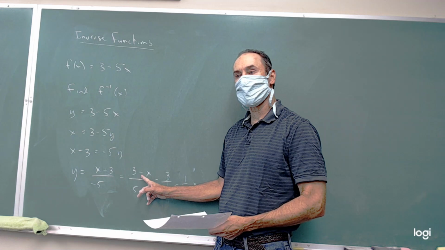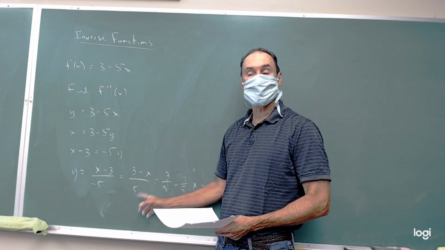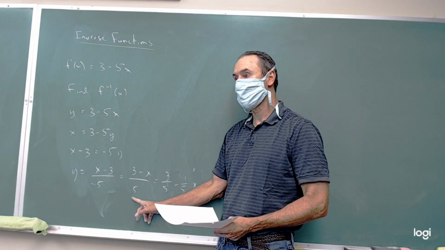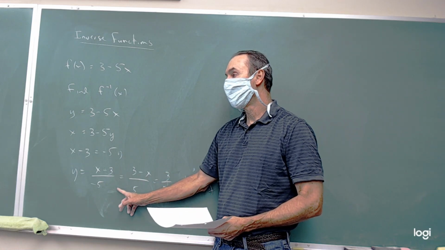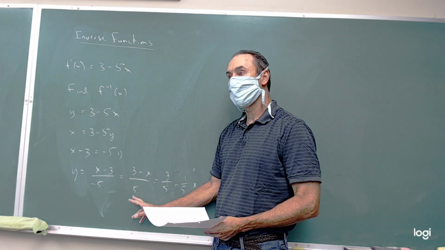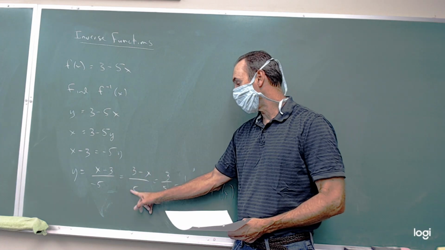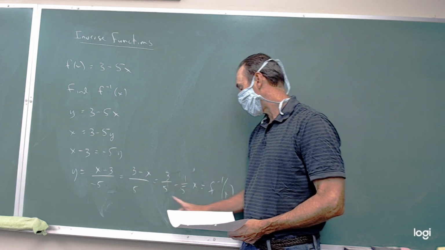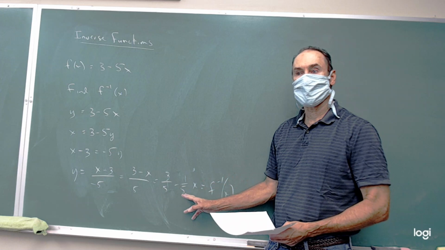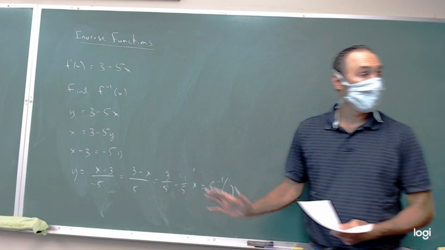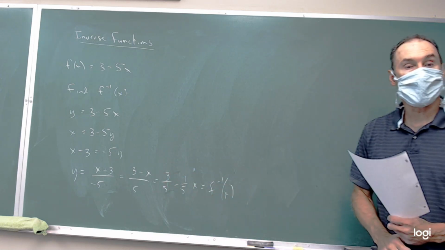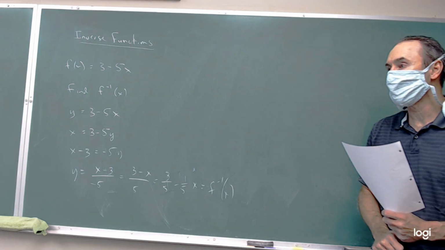And if I write the positive 1 first, aesthetically this might look nicer, 3 minus x over 5, but they're equally acceptable. And if you don't like it as one big fraction, you could split it up and call it 3/5 minus 1/5 x, and look at that more like y equals mx plus b. Any of those is acceptable. You don't feel you have to get to one in particular.